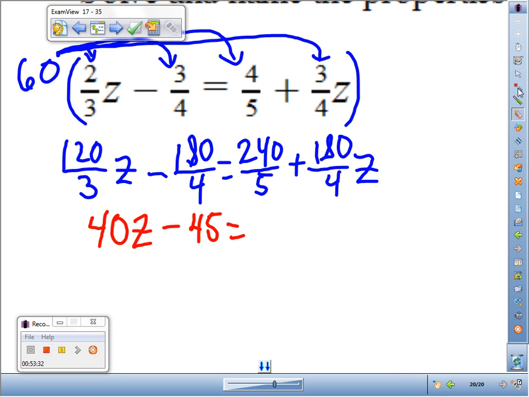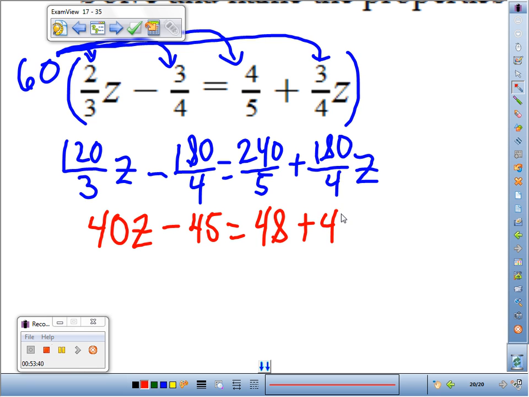Yeah, I was testing this. 48 plus 180 divided by 4 is 45Z.